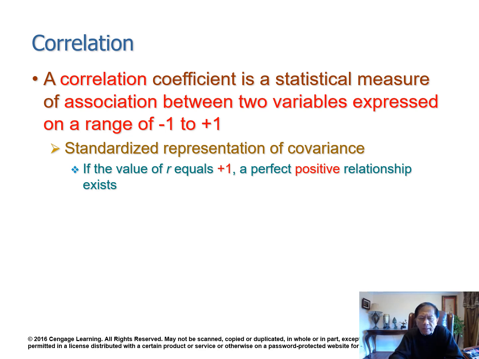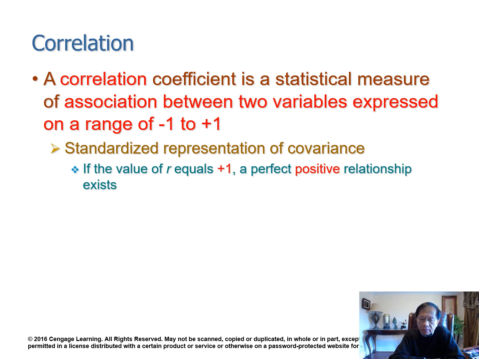If the value r, the correlation coefficient, we use a little r to denote that, equals +1, we say there is a perfect positive relationship between the two.